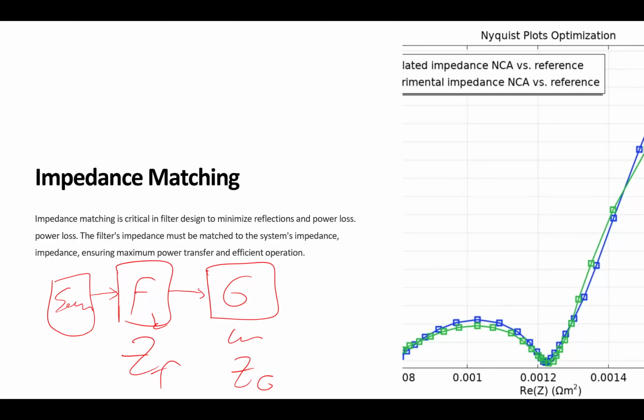So when the energy, with whatever frequency, tries to exit the ZF and enter the ZG, if there is a difference in impedance between them, some of it goes through and a part of it reflects back. It's a wave propagation kind of concept. But if you match these two impedances, the wave does not see any difference, so it passes through completely. Make sense?